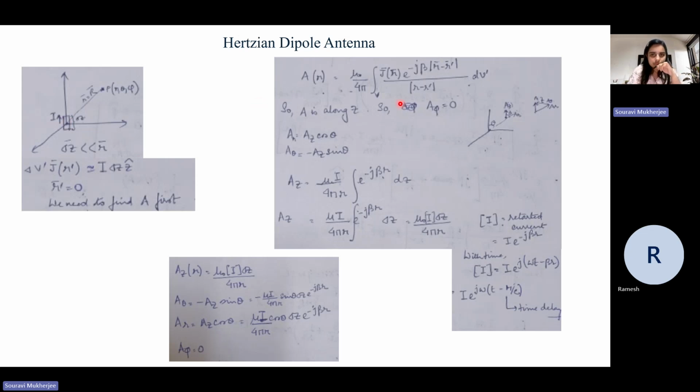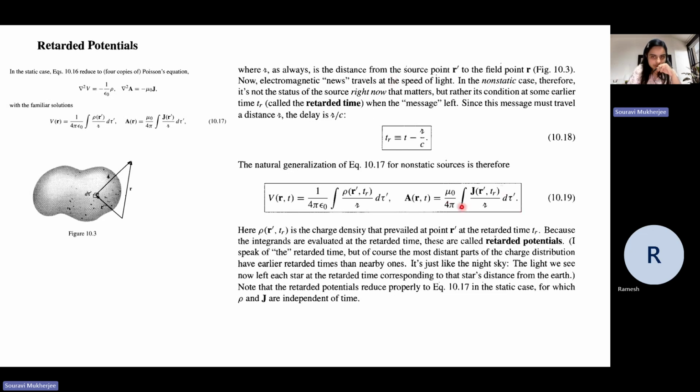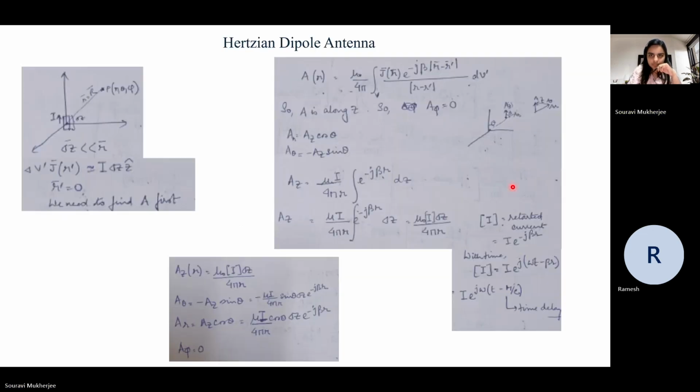So now you can just use this expression, and here when you write J, you can replace J d tau, or dV, by I dz z cap. This tells us that your A should be along z. If your current element is along z, then A should be along z.